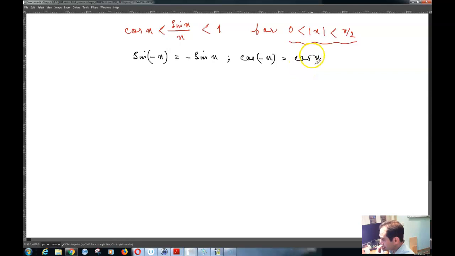So what that means is that it's sufficient to prove the inequality.